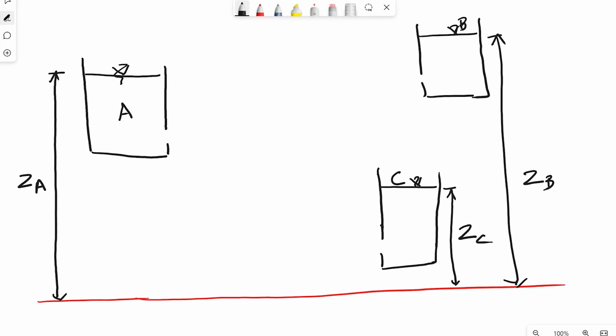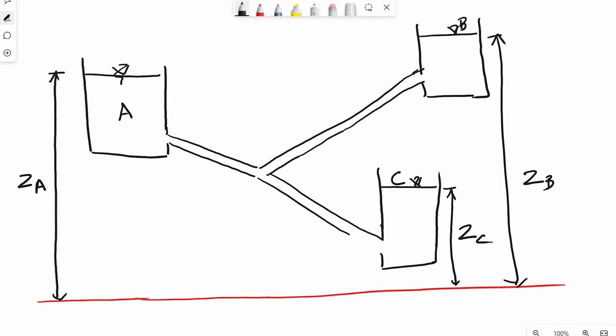Now these are connected by pipelines like this. These are the three pipes. This is the first pipe, this is the second pipe, this is the third pipe.